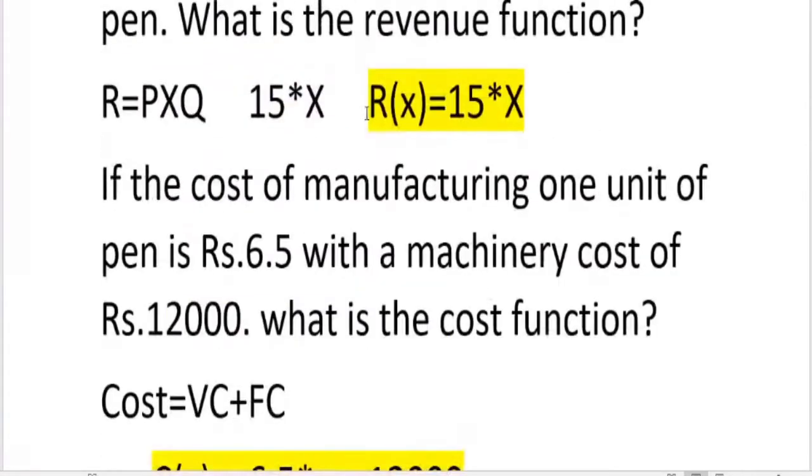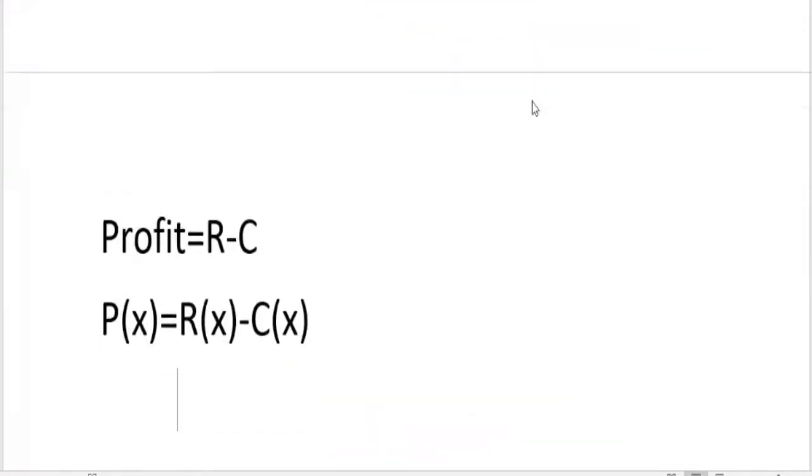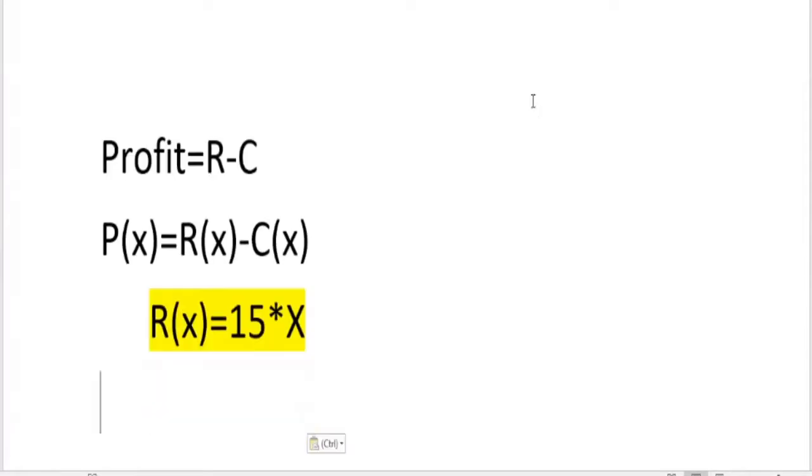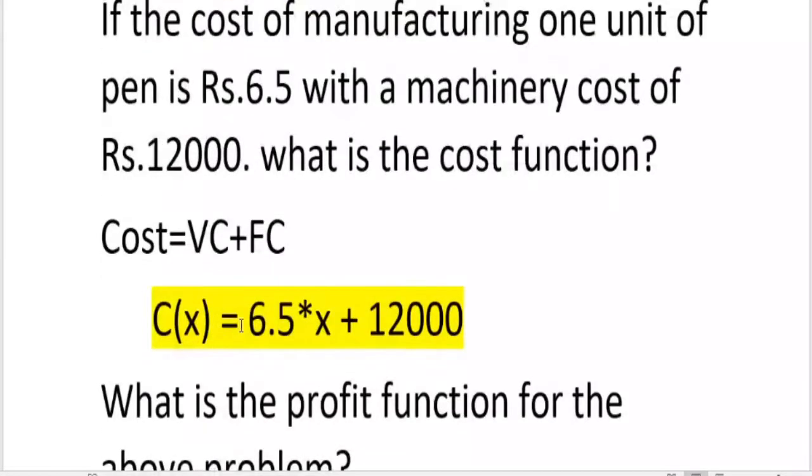That is, the profit function is nothing but revenue function minus cost. Now, do we have the revenue function with us? Yes, we have. So I will take this revenue function, Control C, and put it here. I will put the sign of minus here. And what about the cost function? We have this cost function here.